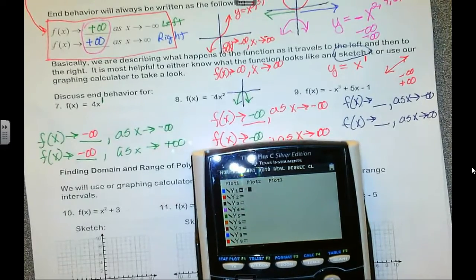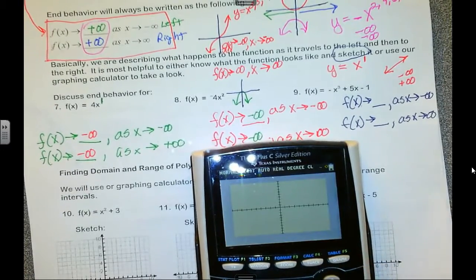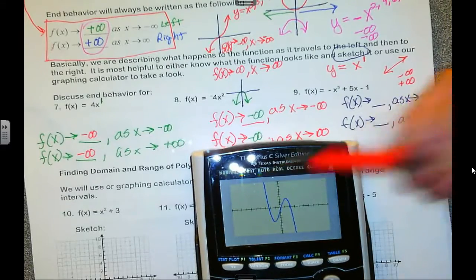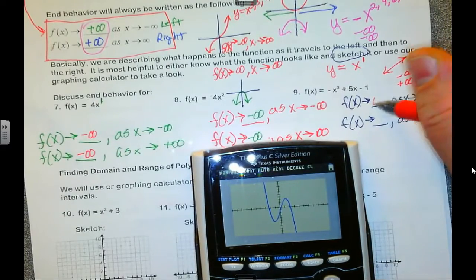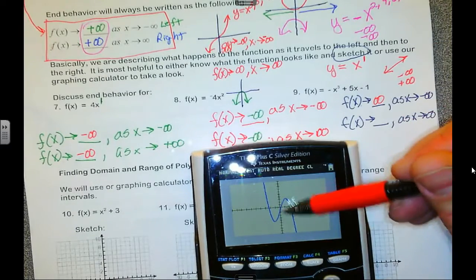See, I've got negative x cubed plus 5x minus 1. Graph it. So as I go to the left, my y goes positive. As I go to the right, my y goes negative.